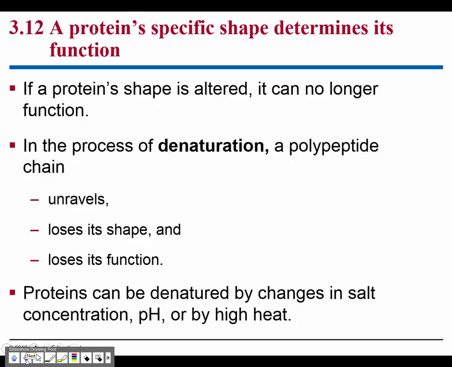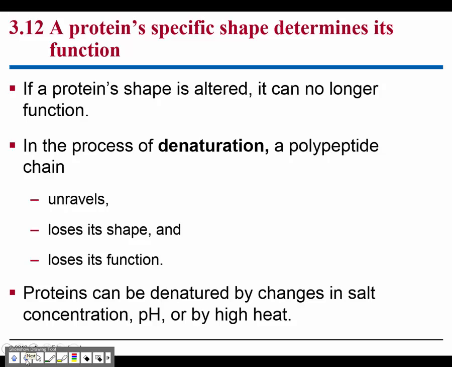So if we change the protein shape, it cannot function. Right? The process of losing a shape is called denaturation. When it denatures, the nature of it has been removed, the nature of that shape. And so as soon as it loses its shape, it has lost its function.